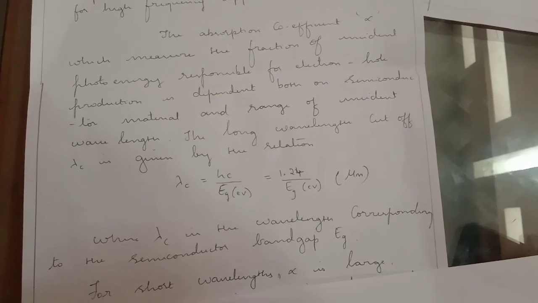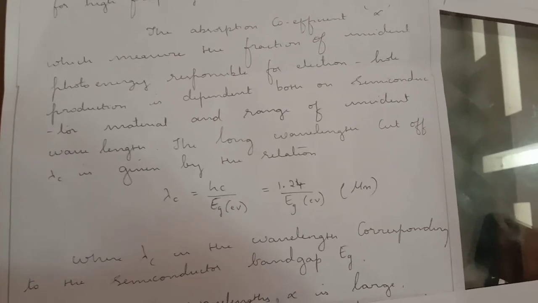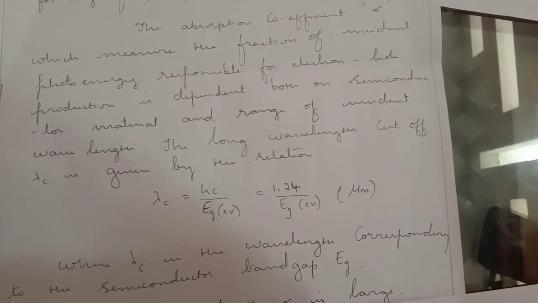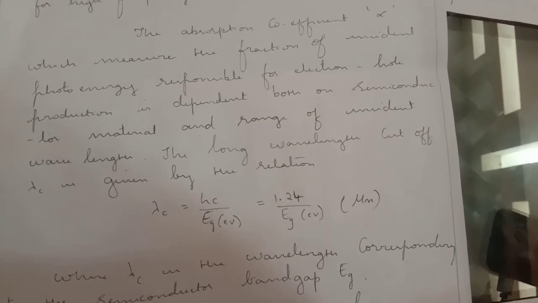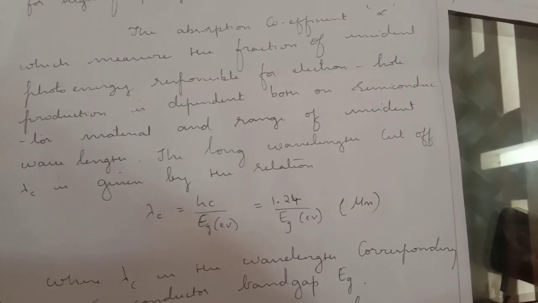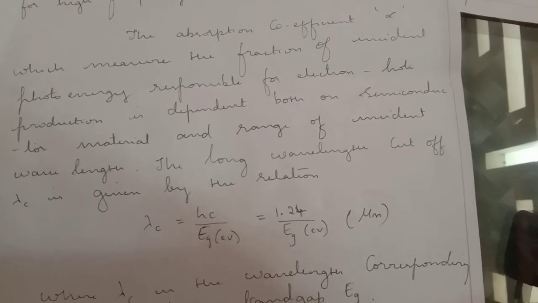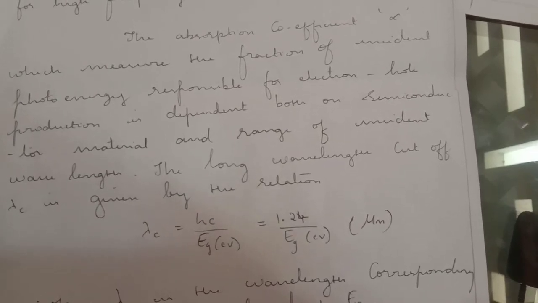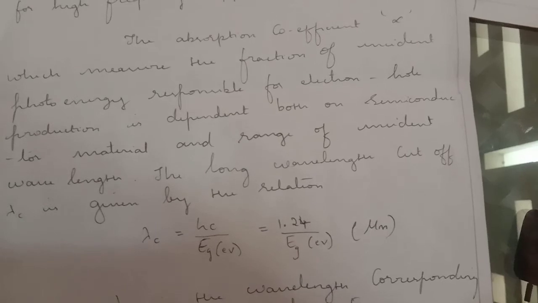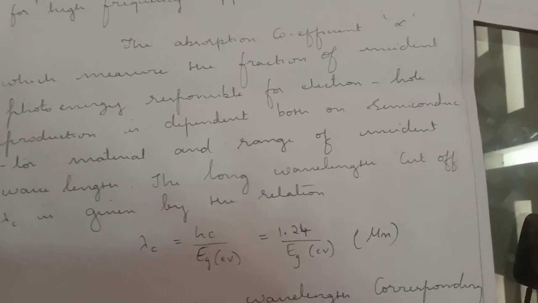Now let us discuss a parameter called the absorption coefficient, which is denoted by alpha. This absorption coefficient measures the fraction of incident photon energy that is responsible for electron hole production, and this production depends both on the semiconductor material and on the range of the incident wavelength.